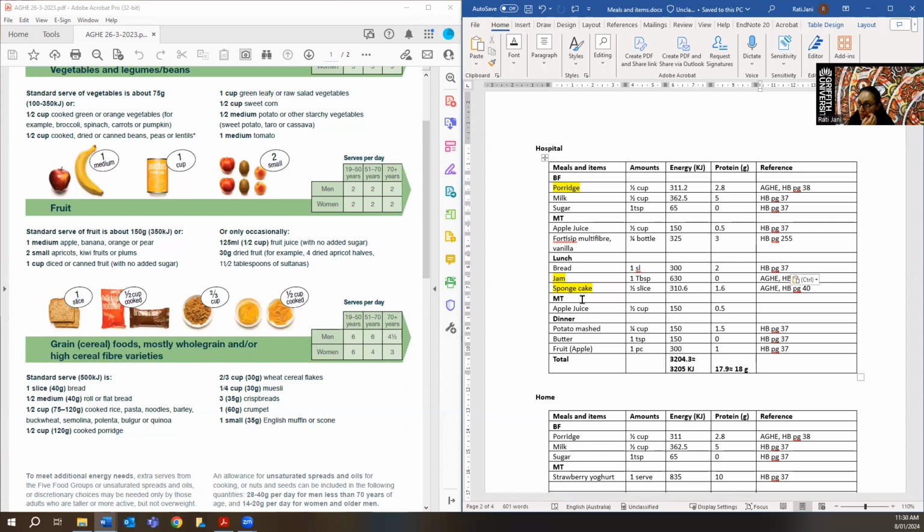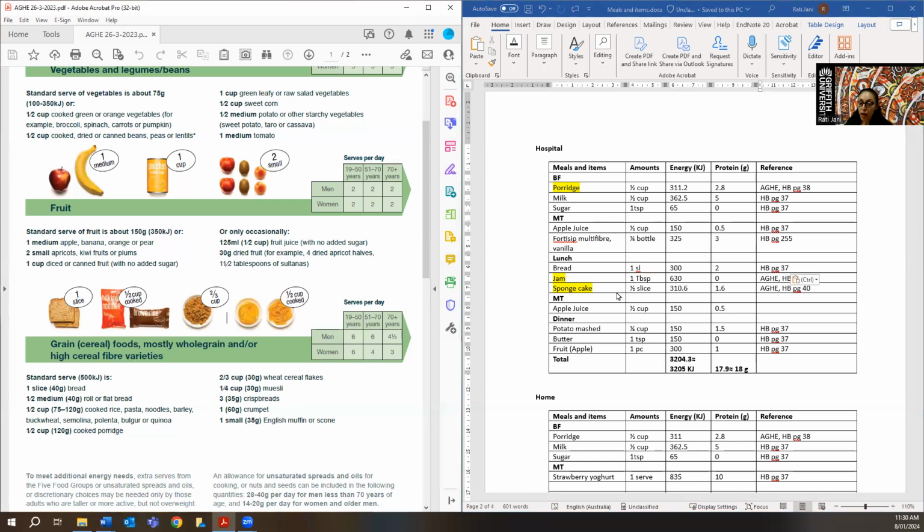You do not have discretionary foods in your quick ready reckoner. So whenever you have discretionary food items, do not waste time in your exams looking at the quick ready reckoner, because it's just not there. You will have to go through the second pathway which we spoke about, which is jam, 1 tablespoon.